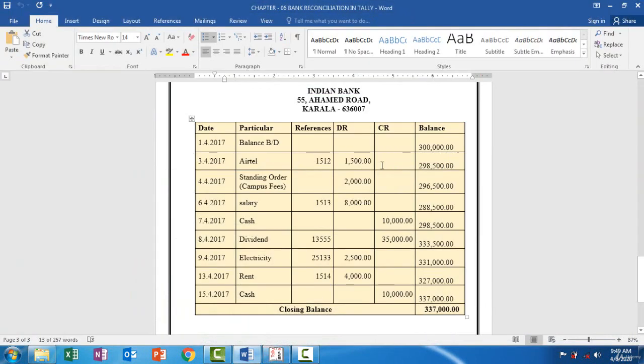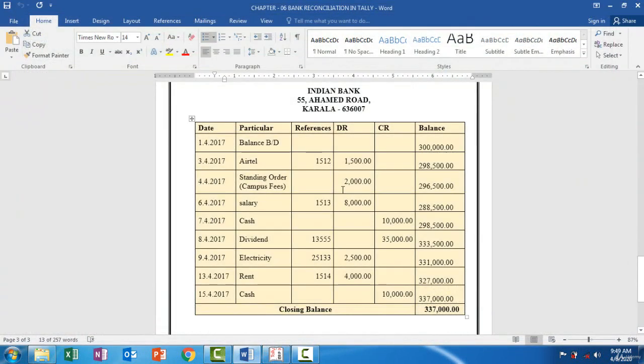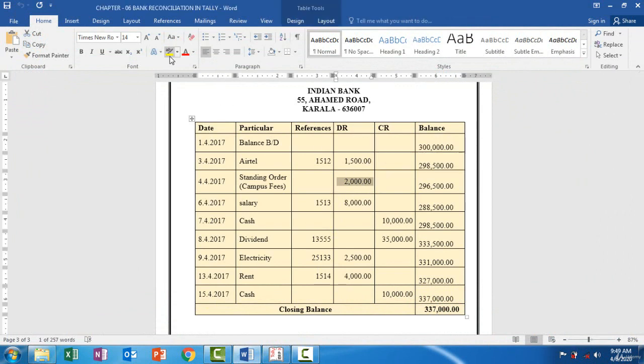Okay, the second one is complete, so there is no need to do anything. The next one, standing order campus fees 2,000. Here there is no 2,000 amount, right? So it means that it is not recorded into our company's book. So I'm going to differentiate this one by giving it a different color, yellow, so it should be recorded.